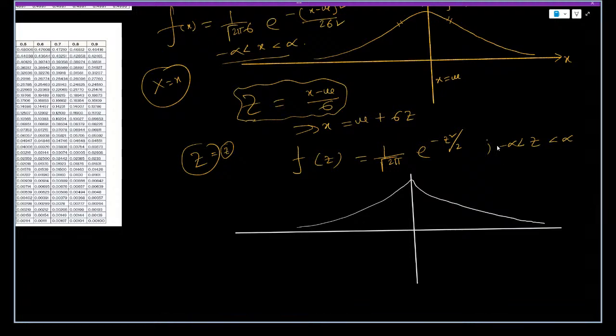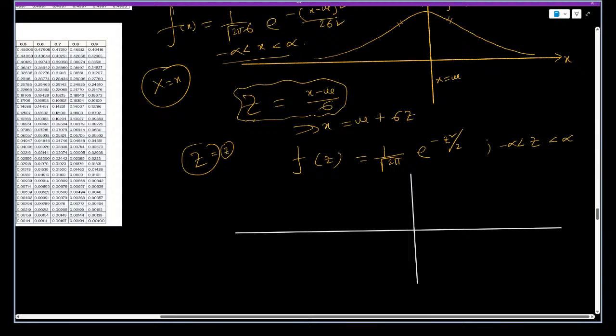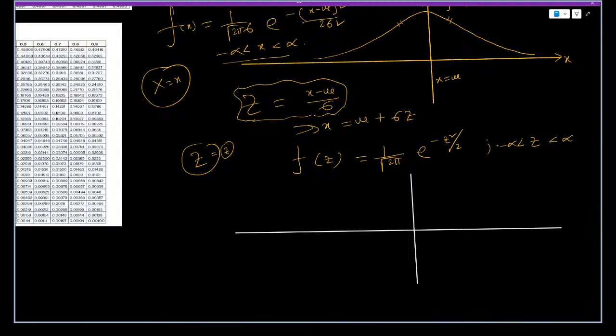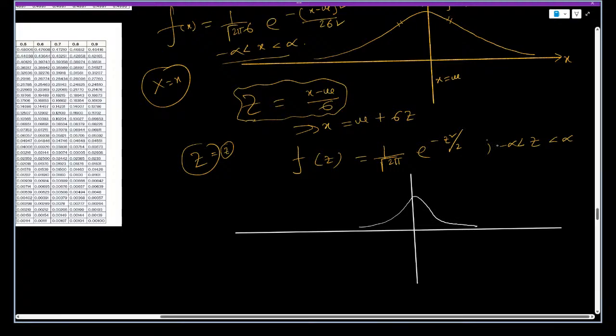But this doesn't look symmetric, so this part I will not take. I am drawing the curve once more. We have to make it symmetric. Almost. If we shift the line towards right, then it will be fine. Okay, just shift it towards right. For this distribution, the equation is: f(z) equals 1 by root 2 pi e to the power minus z square by 2, and here z is equal to 0.